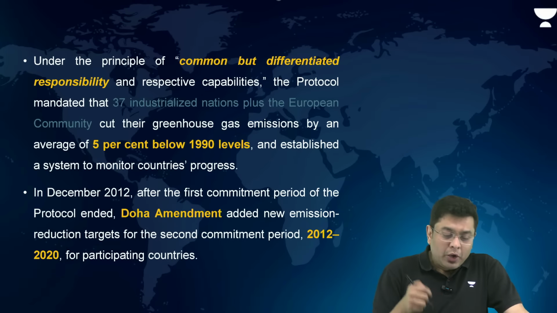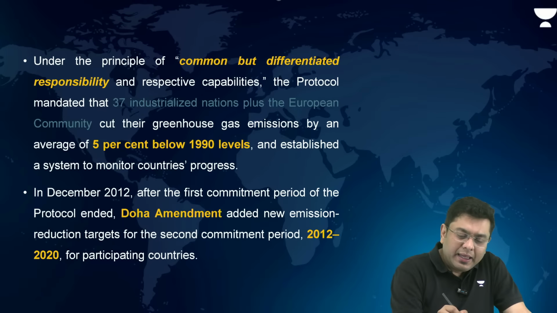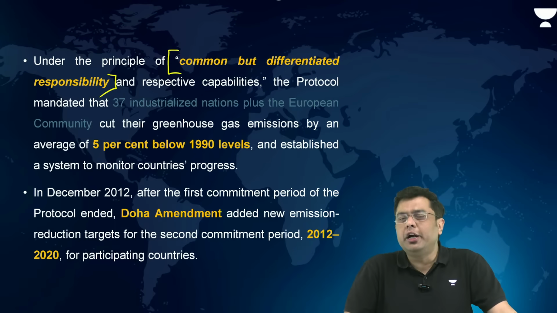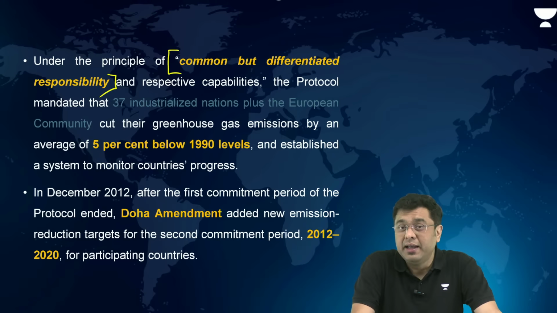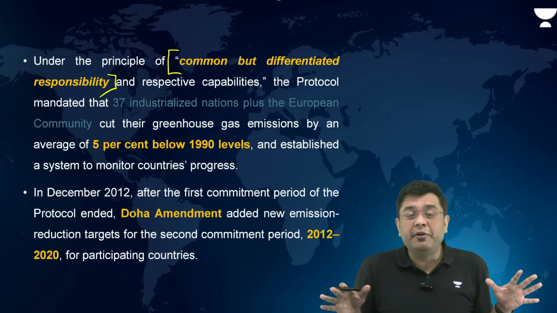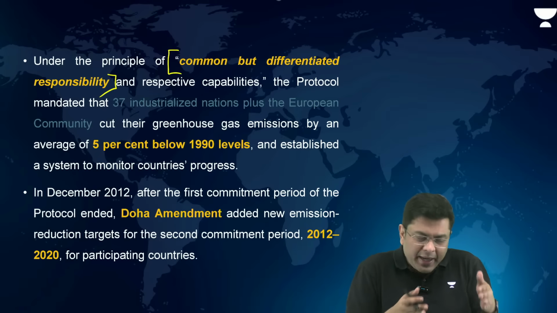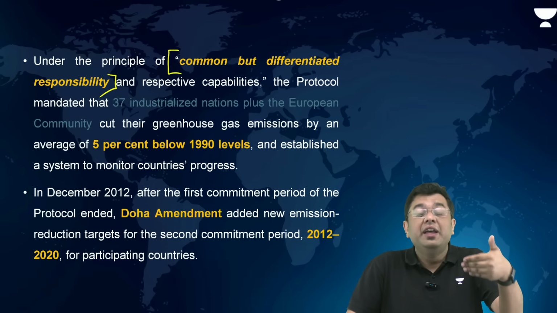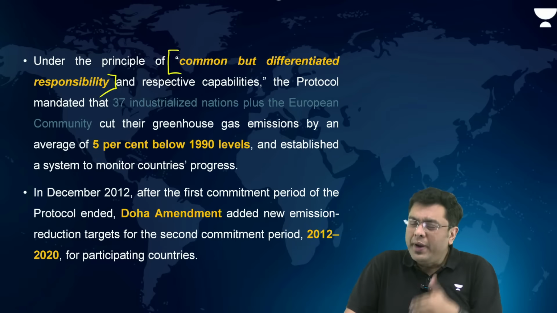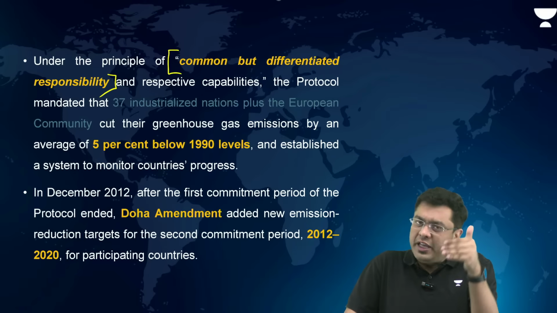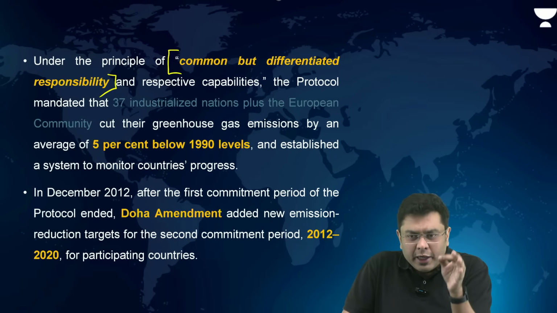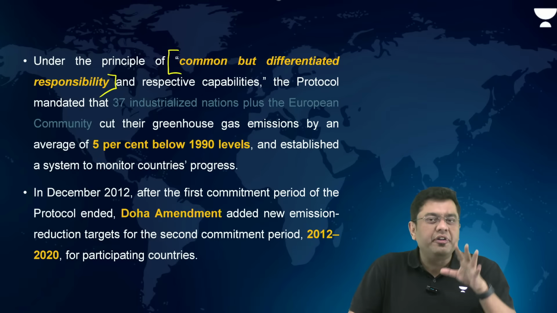Now here, what was done was basically the principle of CBDR, common but differentiated responsibility, was assigned. That all the countries are responsible for controlling global warming, but some of the countries are more accountable. That is, the developed nations are more accountable owing to the fact that they have historically and as a matter of legacy polluted the environment, due to which the entire world is suffering as of now.